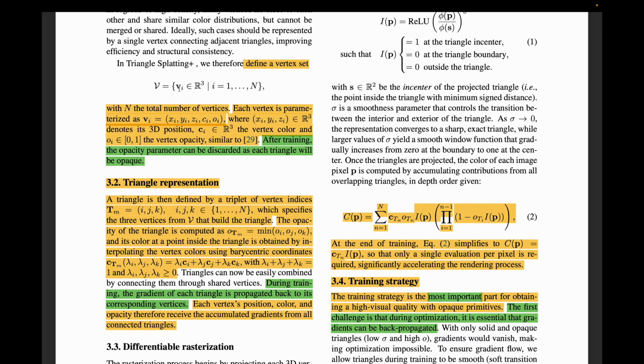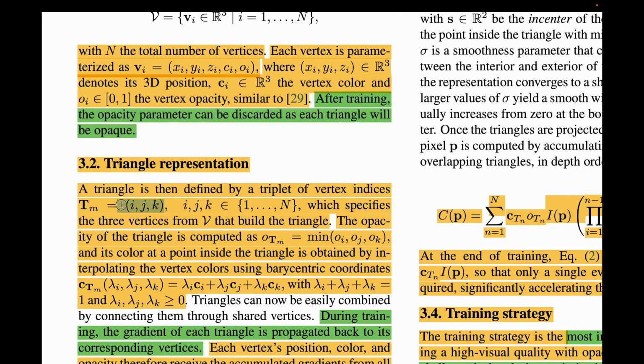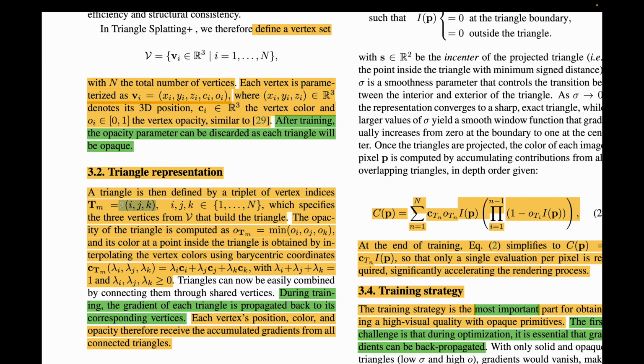Each vertex has some attributes, such as, for example, its coordinates, its opacity, its color, which is represented by the spherical harmonics components. And then individual triangles are just represented by the indices, which point to the vertices that define them.